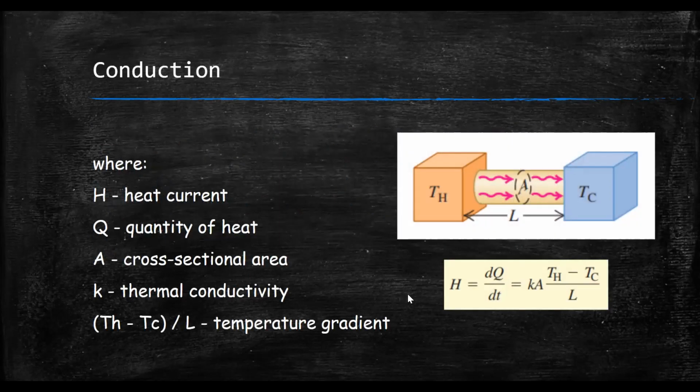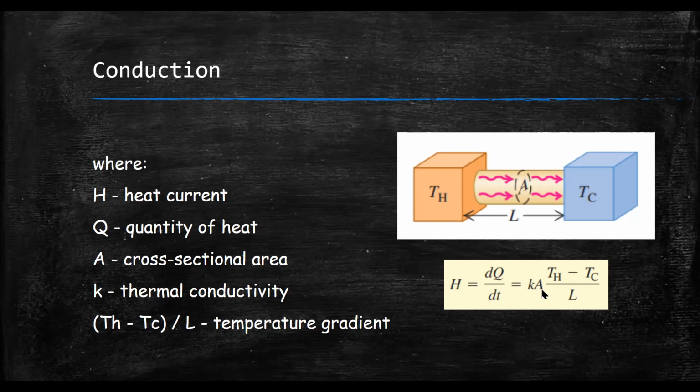So we have here our formula for the heat current, which is equal to K times A times (TH minus TC) over L, wherein K is the thermal conductivity of the material. Each material has its own value for thermal conductivity.